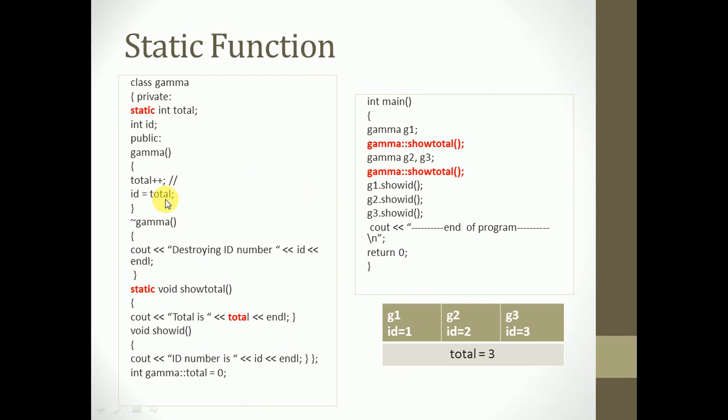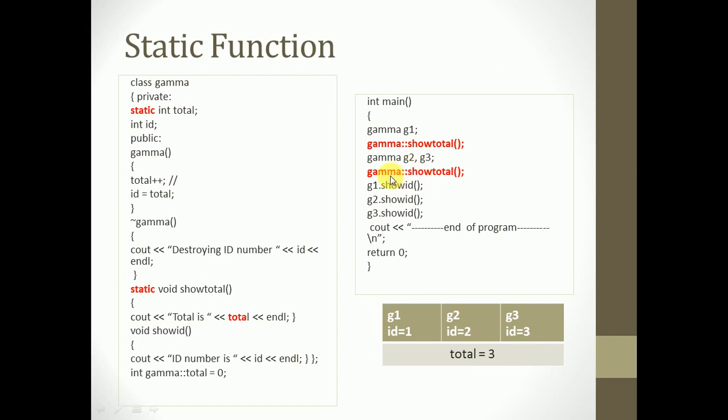What will be the value of id now? 2, for the G2 object. So for G2 the id value becomes 2 and the total will also be 2. Now G3: the total was earlier 2, so it becomes 3 now, and the id value will also be 3 for the G3 object.